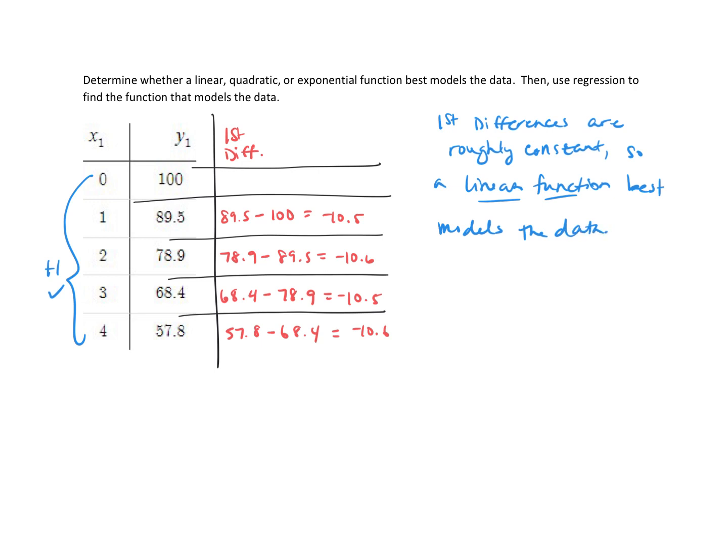So we can use our calculators to help us get the function that represents the data. We're not going to do a quadratic regression because a quadratic function doesn't model this data, but we're going to do a linear regression. And I'm going to show you how to do that on your calculator.